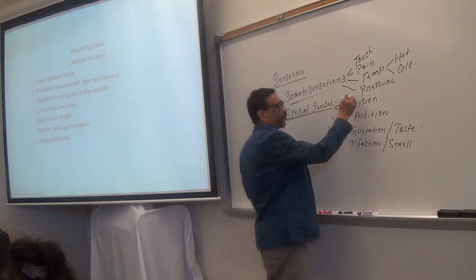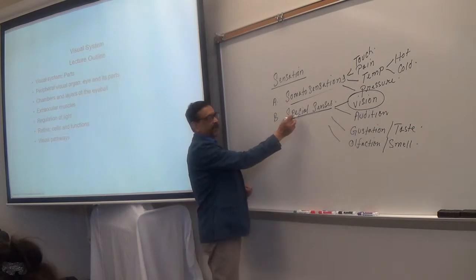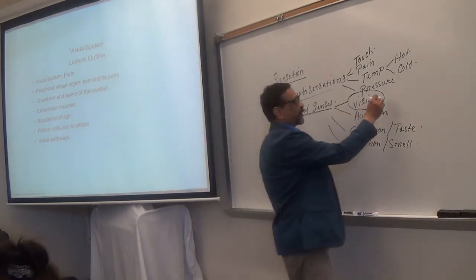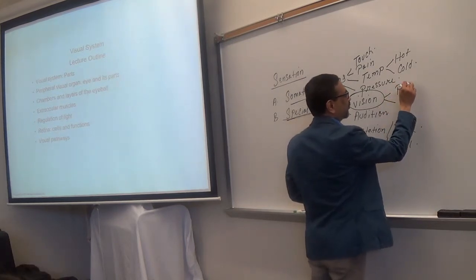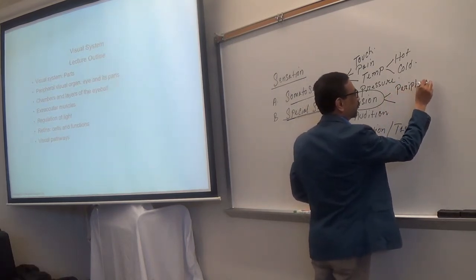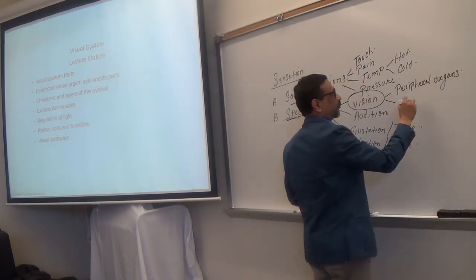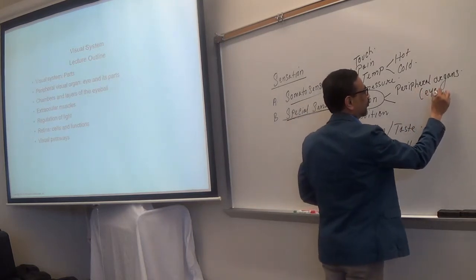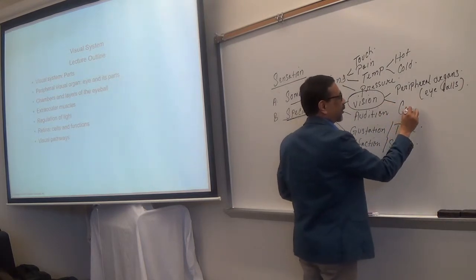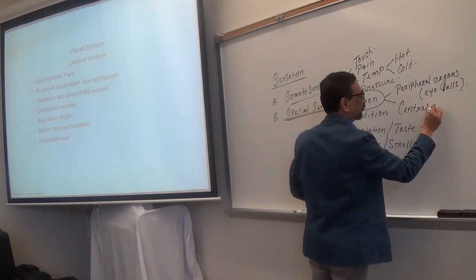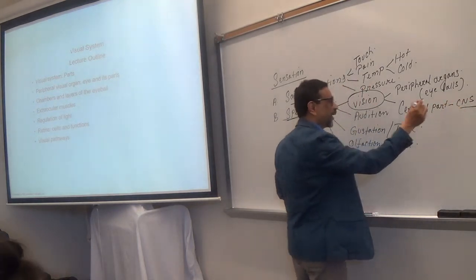Today we'll talk about the vision, the very important special senses. And for vision, you have peripheral organs, those are eyeballs, and central part inside the central nervous system in your brain.